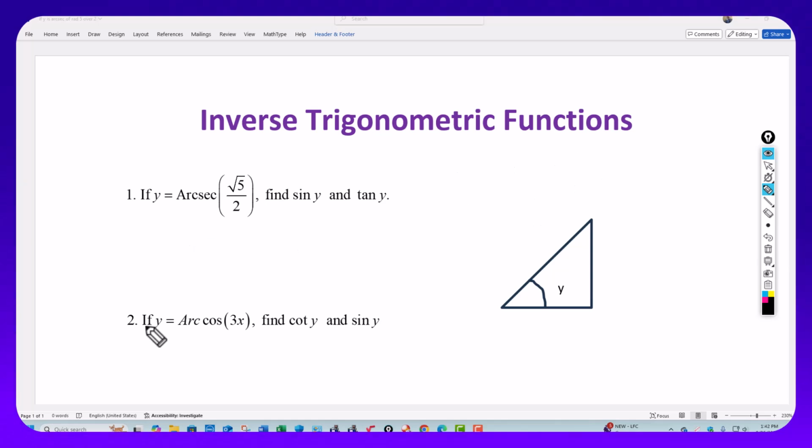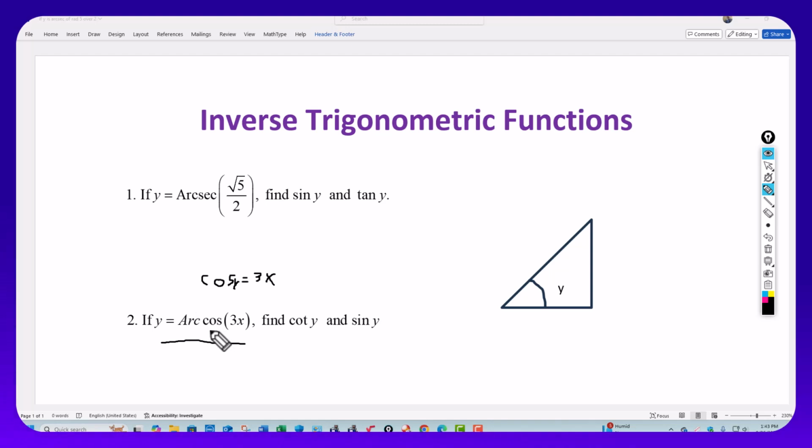So those are the values for problem 1. Now for number 2, we have: if y is equal to arc cosine of 3x, find cotangent of y and sine of y. So again, y is the angle whose cosine is 3x. You see y equals arc cosine; sometimes it's just said inverse cosine.